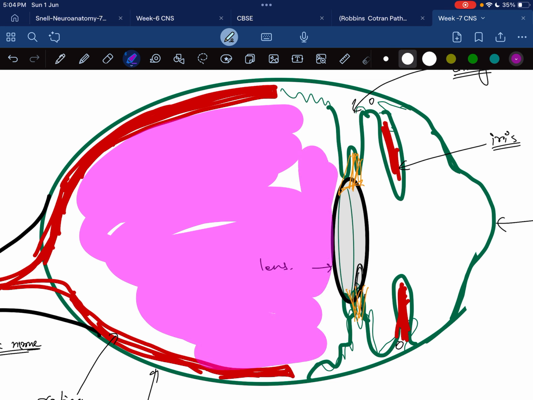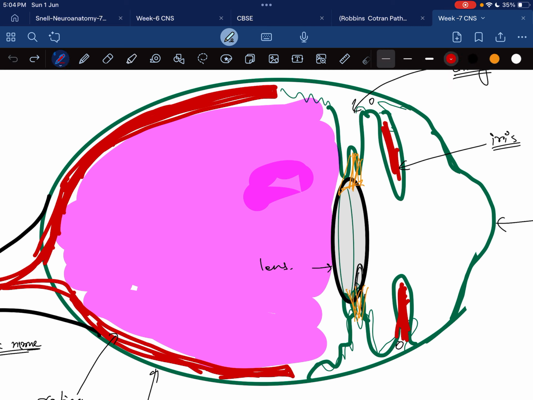This fluid is known as vitreous humor, and it is also known as vitreous body.